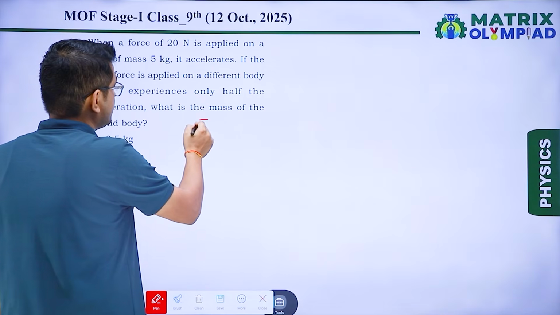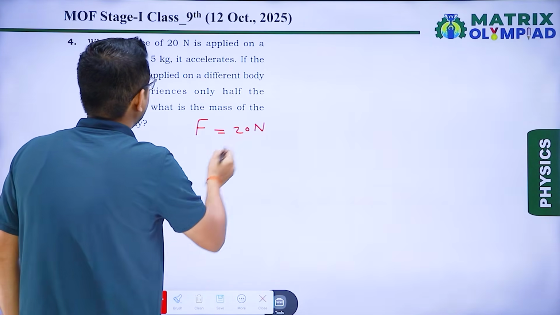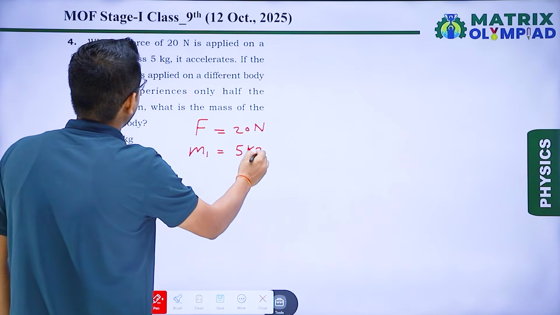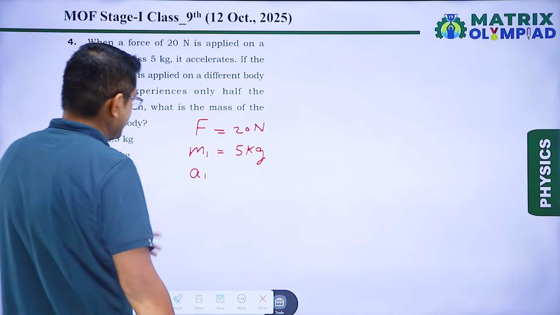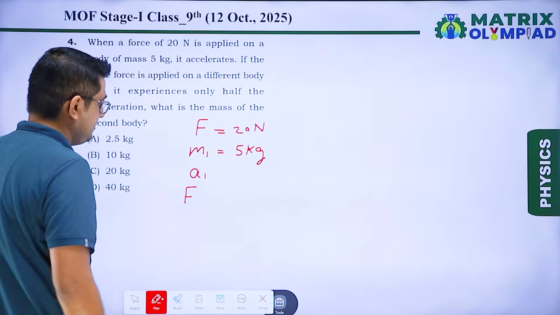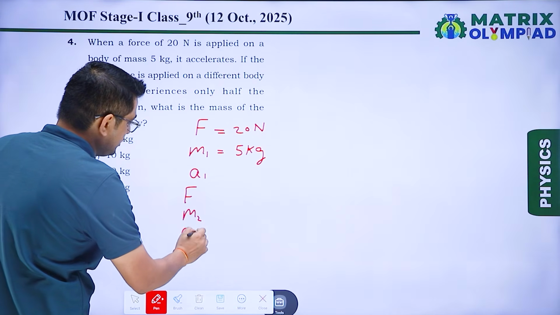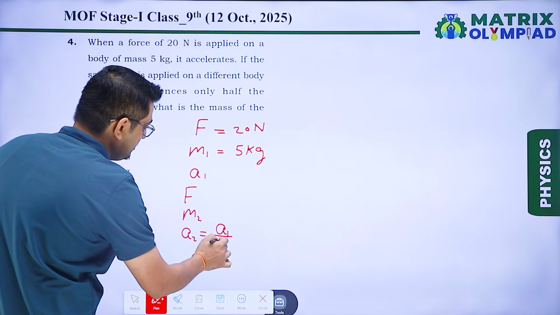So let's say for the first case, force is F, that is 20 Newton. The mass, let's say M1, that is 5 kg, and let's say the acceleration is A1. In second case, the force applied is same and mass, let's say M2, and the acceleration, let's say A2, which is half of the acceleration in first case.